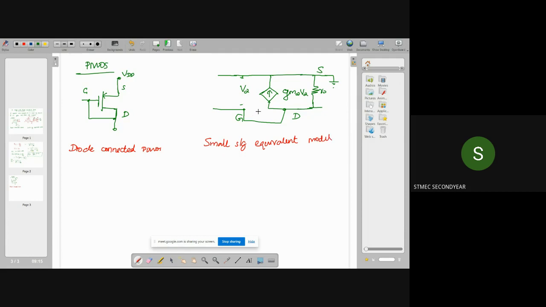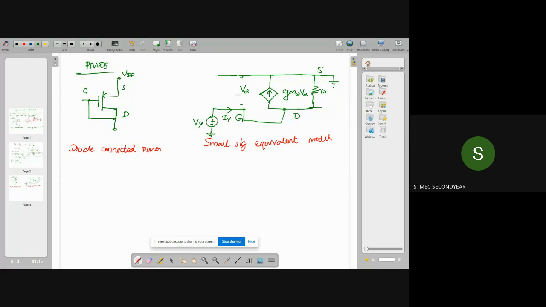Here also we have to calculate the effective resistance offered by this diode connected PMOS. So for that, here also I am considering some voltage, Vy, and let Iy be the current flowing through this.